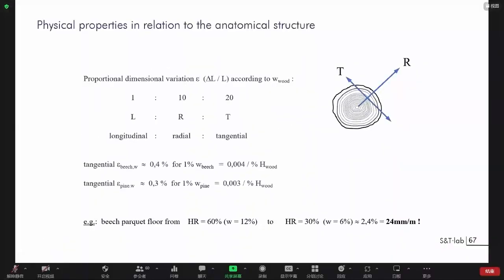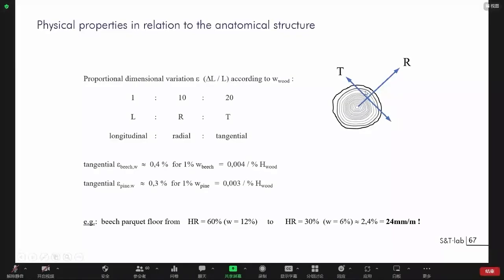What would be this variation of dimension? Timber is not reacting to heat for dimension as concrete or steel will, but will be changing dimension according to the level of moisture in the air. And as you can see, this change of dimension will be more connected to the radial or tangential dimension.